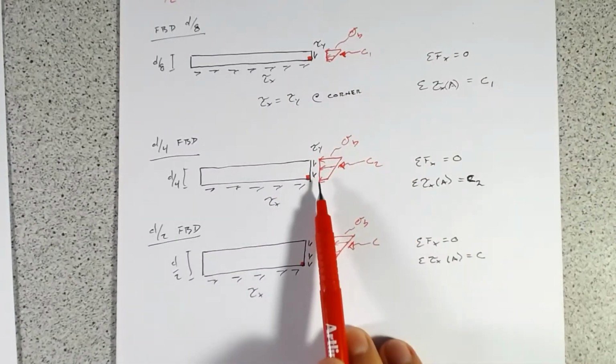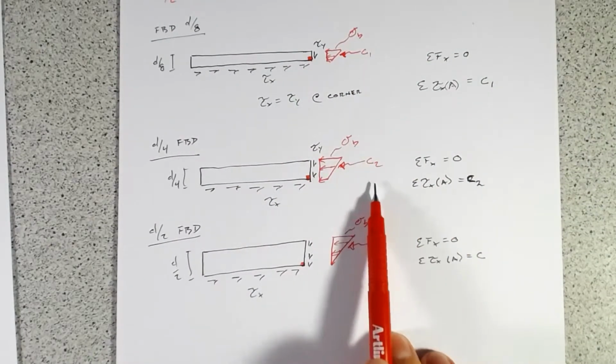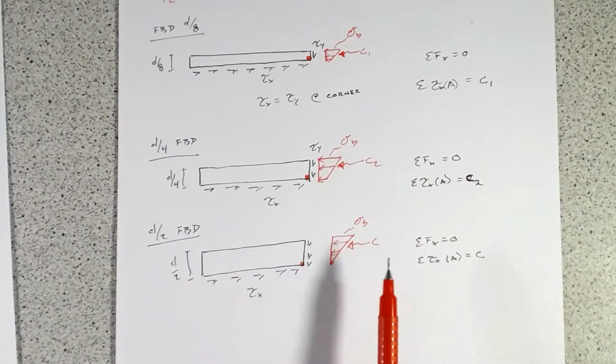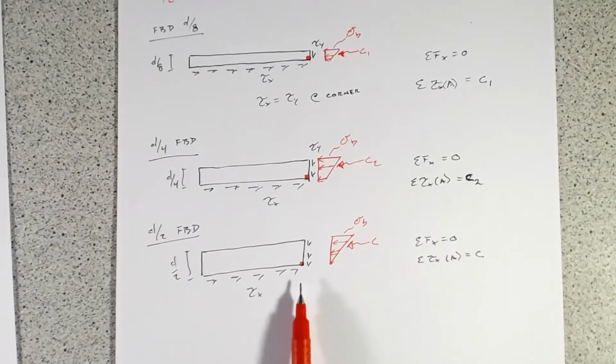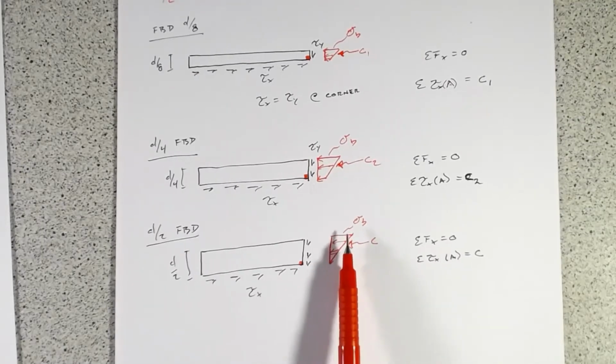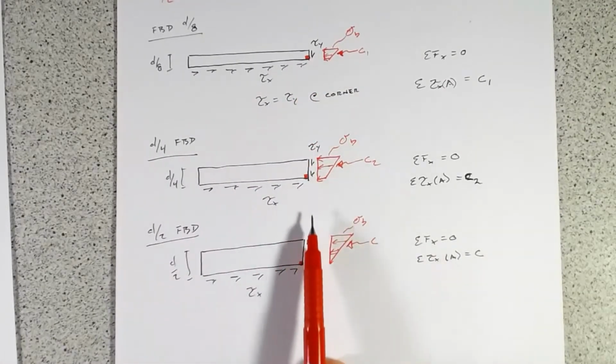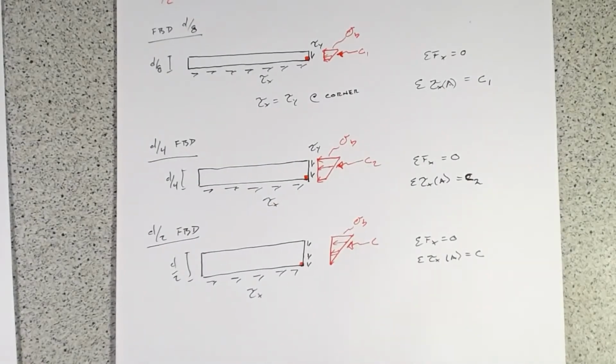Well, if we go to d over 4, well, C2 is bigger than C1. If we go to d over 2, C is bigger than C2 and C1. And because this longitudinal stress has to equal this compression block, that means that as we're going down the section, we get a bigger and bigger longitudinal stress. So that's kind of one of the neat first things we can see.